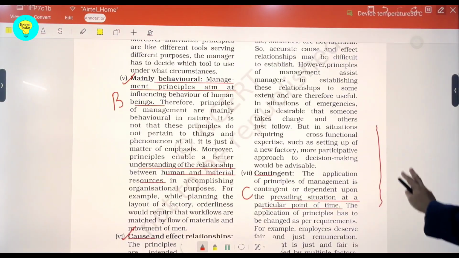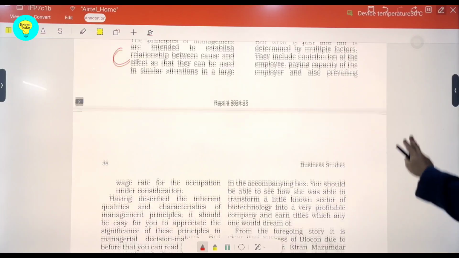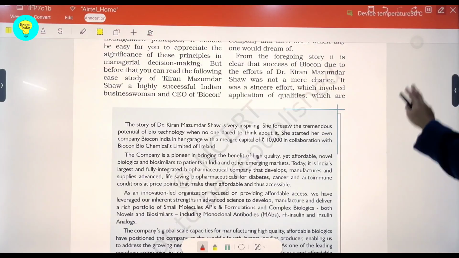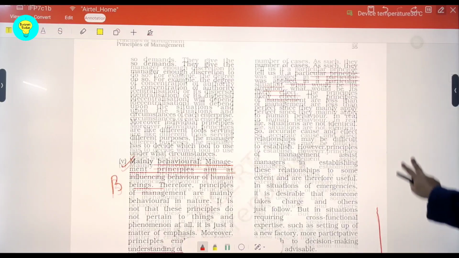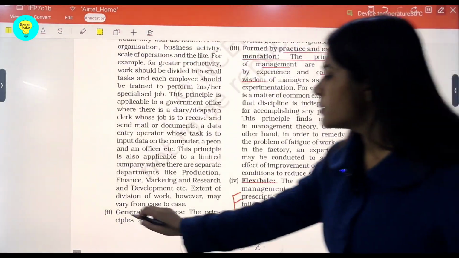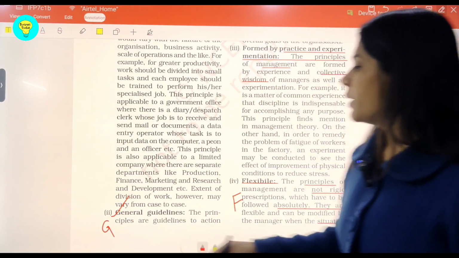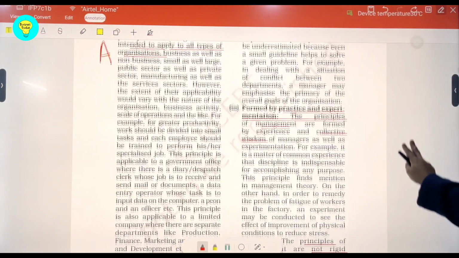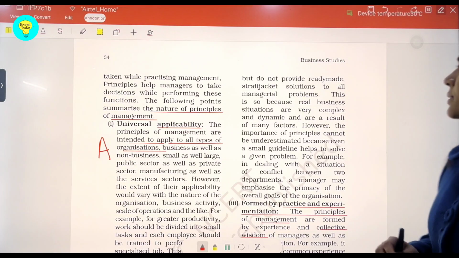So the last one being represented by G, that is nothing but the general guidelines. As we see, these principles just show a general guideline, and again we can relate this feature to management being an inexact science, not a rigid science.